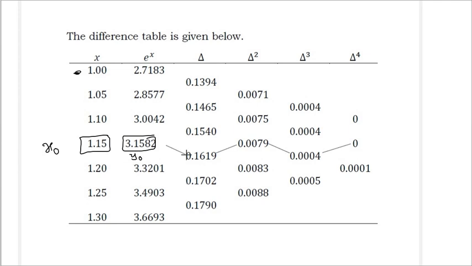Now since we are using the forward formula, you come down. So this is delta of y naught, and this is delta square of y naught. Sorry, this is y naught and this is minus 1, because from the middle one only we are going to compute.